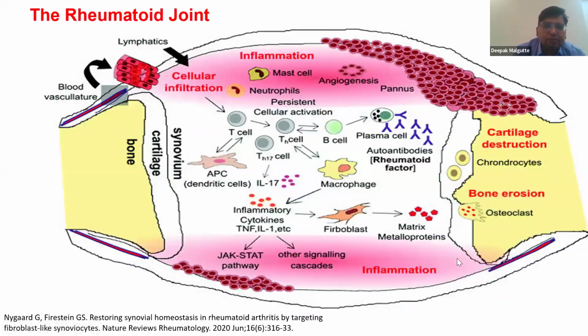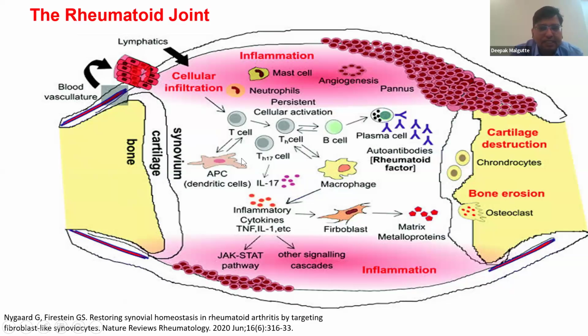So this is how a rheumatoid joint actually looks from the inside. This is articular cartilage and bone, and this is synovium. In a rheumatoid joint, where there is inflammation, neoangiogenesis leads to increased cellular infiltration, and various T cells, B cells, macrophages, mast cells, and histiocytes are present in the synovium.